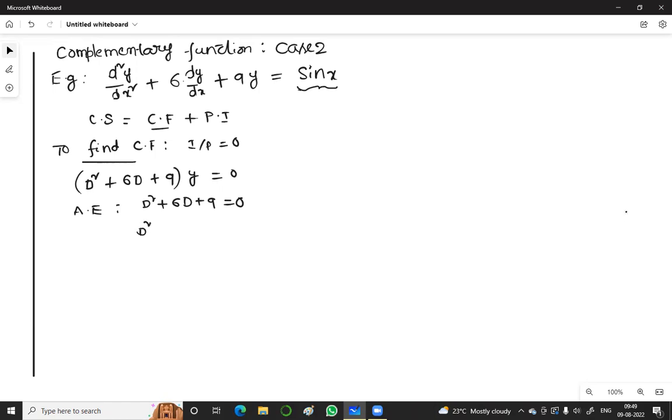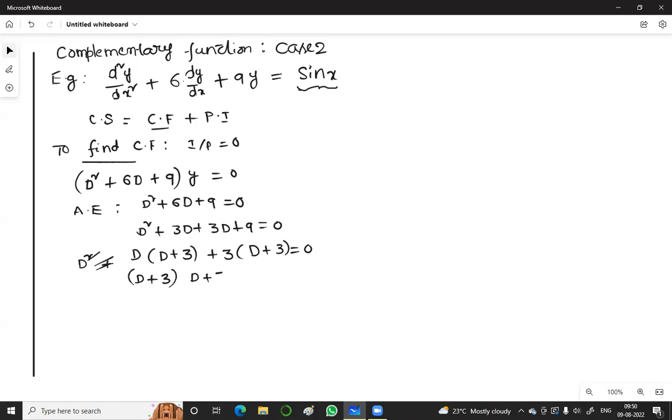D square plus 6d, you can write 3d plus 3d plus 9 is equal to 0. Now you can take d common, you will get d plus 3, plus 3 if you take common in the two terms, d plus 3 is equal to 0. It means d plus 3, d plus 3, two factors came. It means two roots. D is equal to minus 3, comma minus 3. Remember, now the roots are repeated. This is case 2. Roots are repeated.